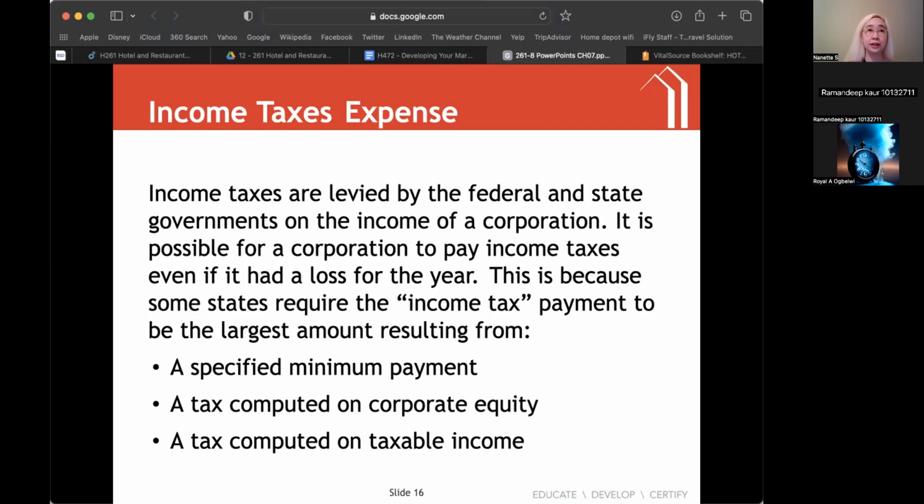Right. So it depends on your situation, whether you don't have income or less income, or if your expenses exceed your income. So normally in Canada, there are brackets.